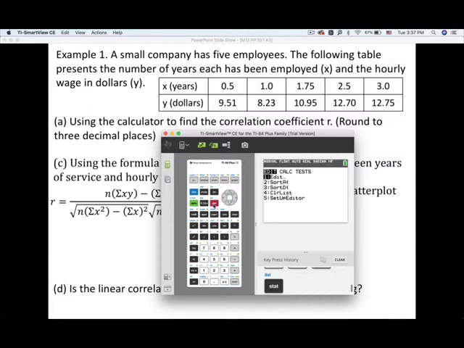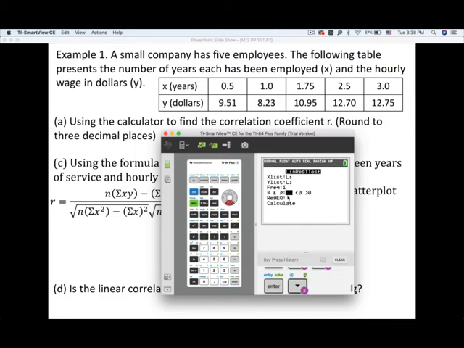And then click on the stat, go to the test, go up, you're gonna see the linear regression t-test. Enter. So my X is gonna be on my L1, Y is gonna be on my L2. Frequency, keep it as a 1.